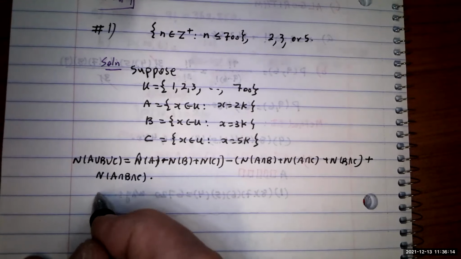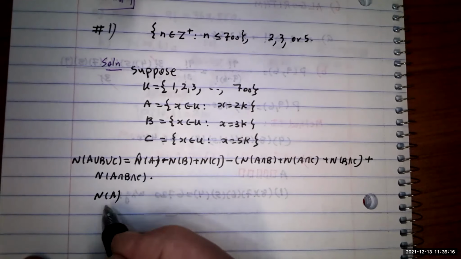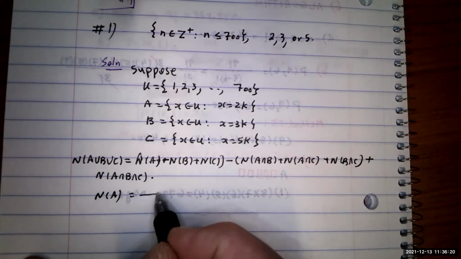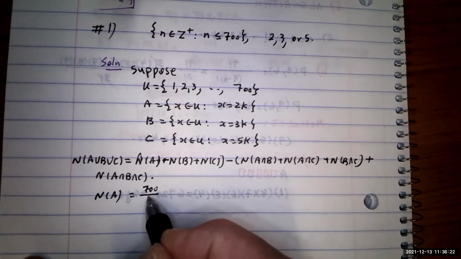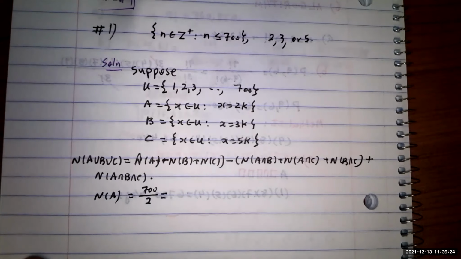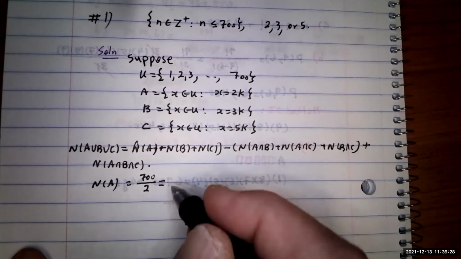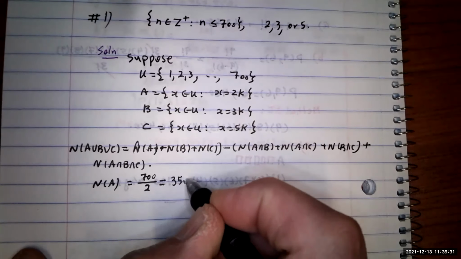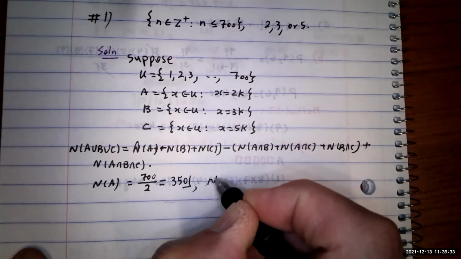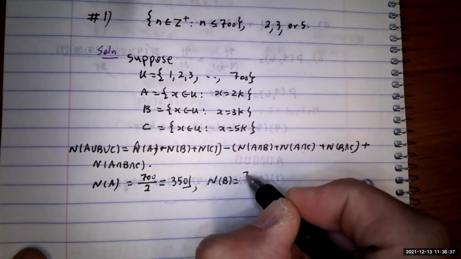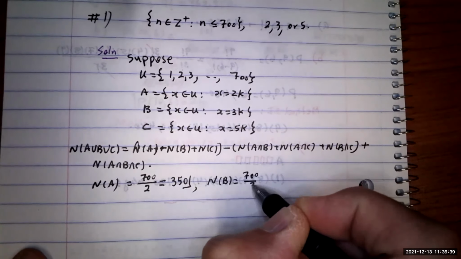We talk about it. If you want to find all the numbers less than 700 that are divisible by 2, it's going to be 700 divided by 2. If it's divisible, fine; otherwise we take its greatest integer part. So in this case, this is going to be 350. Then we go for the other one. N of B is going to be 700 divided by 3.